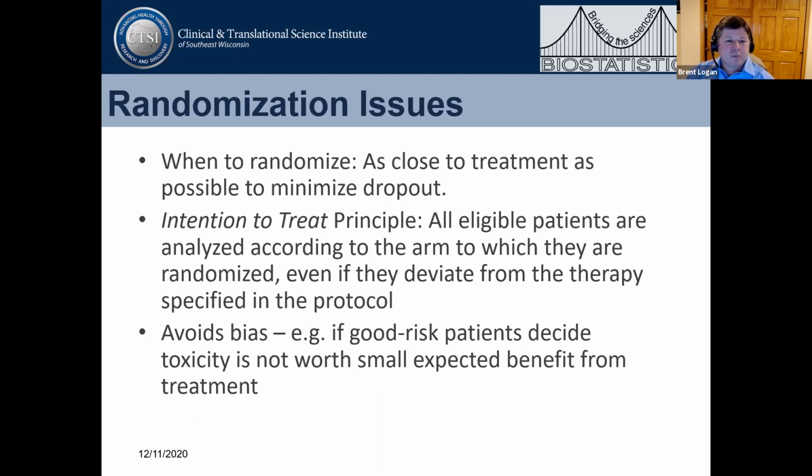The intent to treat principle is done to avoid a bias, or at least a bias in a conservative direction. So if good risk patients decide that the toxicity is not worth a small expected benefit for treatment, they may not go through with the treatment, and then you've got an imbalance in the risk profile of the patients as a result. So the intent to treat does the analysis in a conservative way.